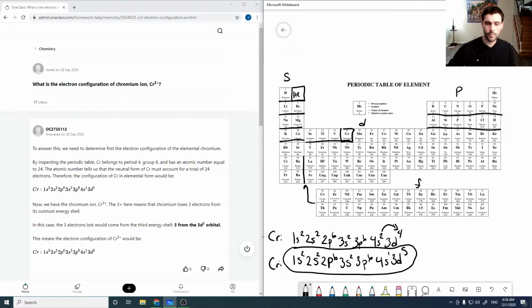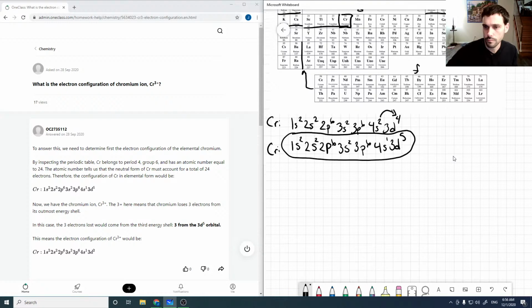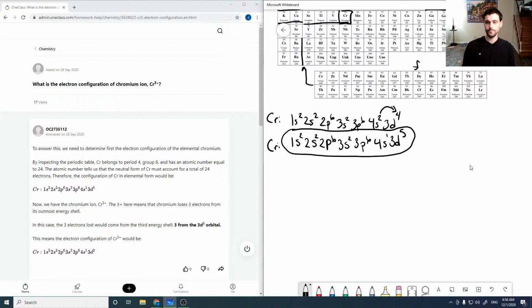Now for chromium 3+, as we remove electrons, we still remove electrons from our highest n orbitals first. Remove from our highest n first.